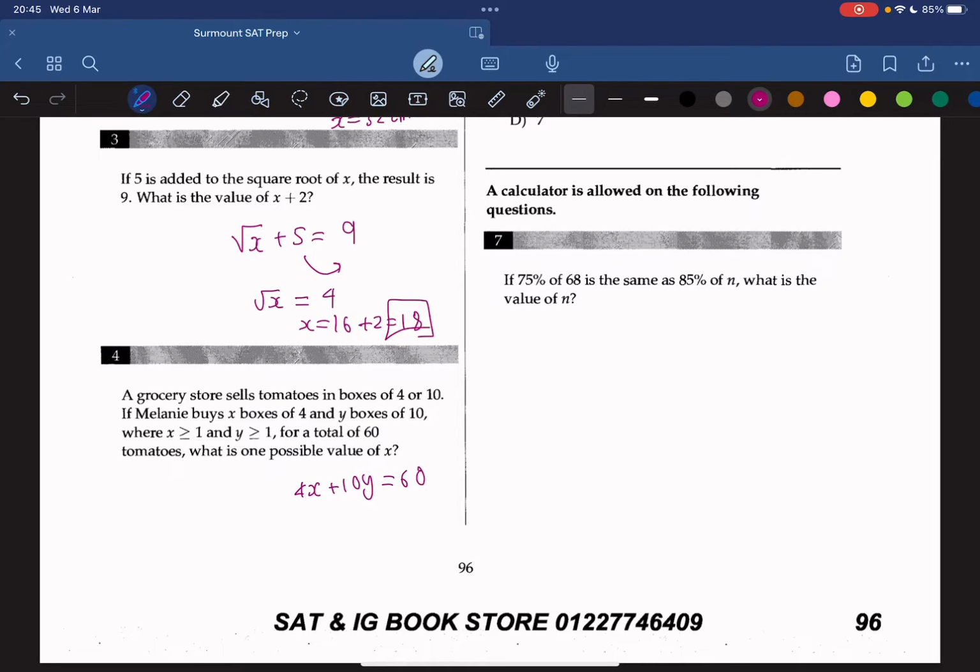And now what we can do is just guess and check. We know that x and y are integers, so it won't be long before we find something that works. So let's try when x is equal to 5 and y is equal to 4. As you can see, that leads to the same value, 60 is equal to 60. So one possible value of x could be 5.